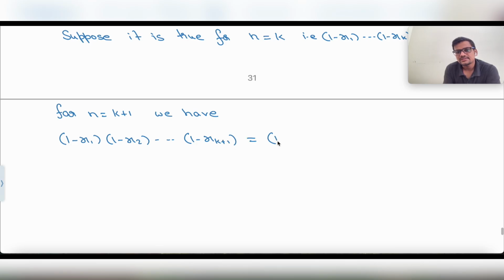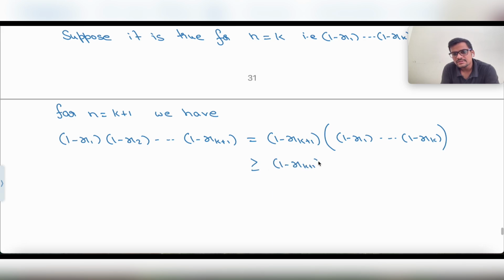This can be written as 1 minus xk plus 1 times the product 1 minus x1 up to 1 minus xk. Now see, this product will be greater than or equal to 1 minus xk plus 1 times, and this side will be replaced by 1 minus x1 minus x2 minus x3 up to xk, right?